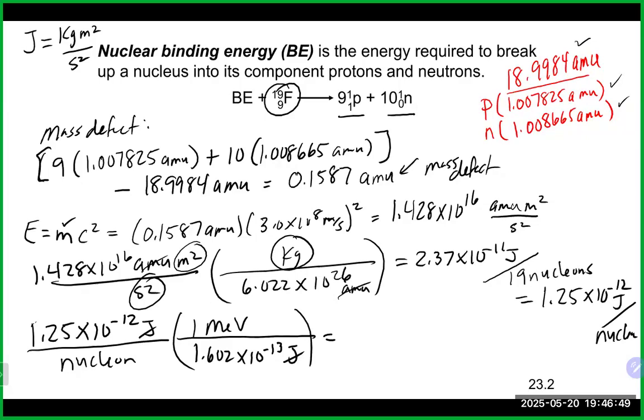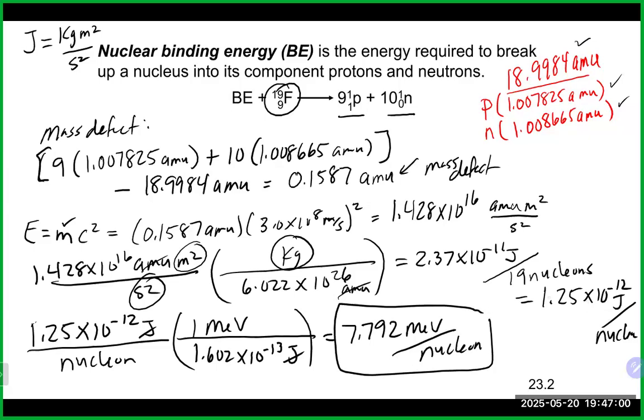That would get us something like 7.792 mega electron volts per nucleon. Also another common unit of binding energy. So joules per nucleon and mega electron volts per nucleon are, again, like I said, common units. First off, any questions on that?